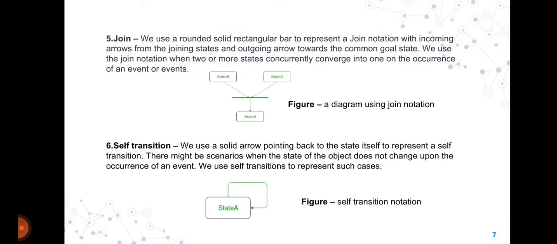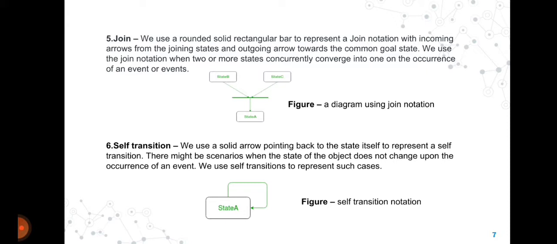Fifth one is join. We use a rounded rectangular bar to represent a join notation with incoming arrows from the joining states and outgoing arrows towards the common goal state. We use the join notation when two or more states concurrently converge into one on the occurrence of an event or events.